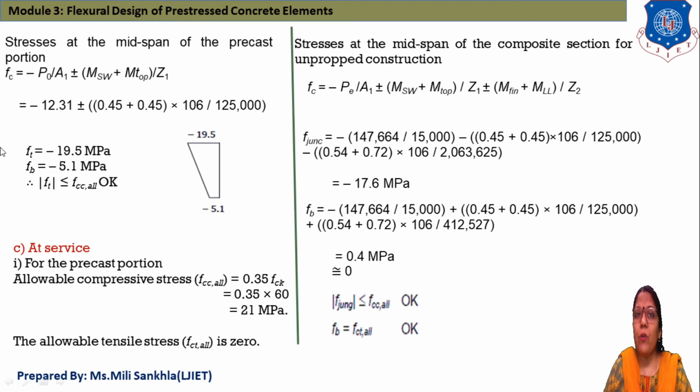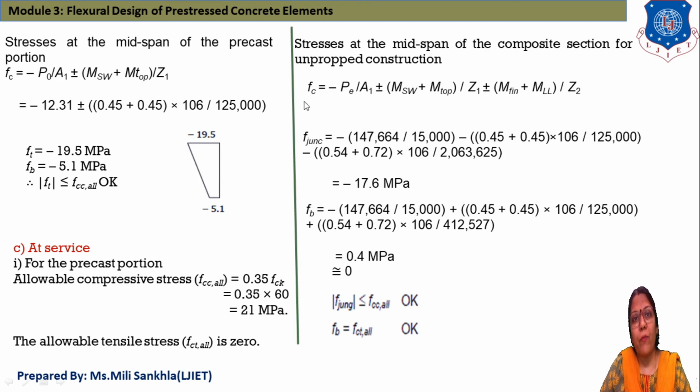Now we find the stresses at service for the precast portion. Allowable compressive stress FCC all is equal to 0.35 FCK, and FCK we take 60, giving 21 megapascal. For a type 1 member again we consider all tensile stresses at 0. Stress at mid span of the composite section for unpropped construction, that is given in the data, that the composite section we consider as unpropped.